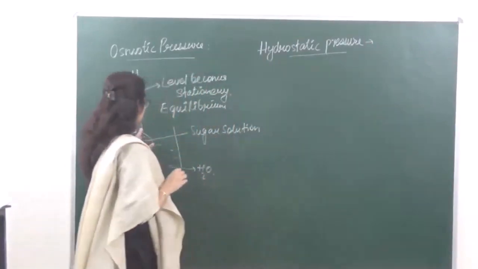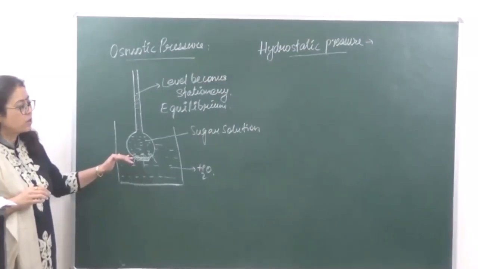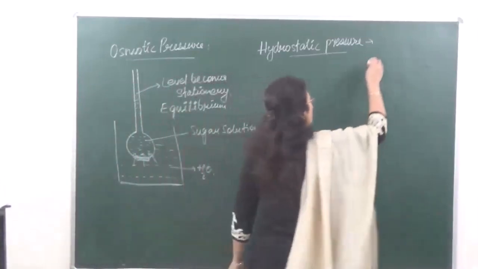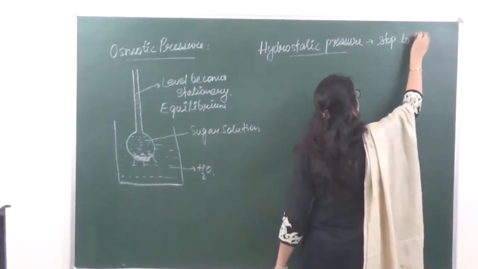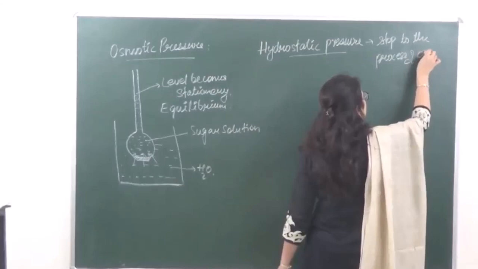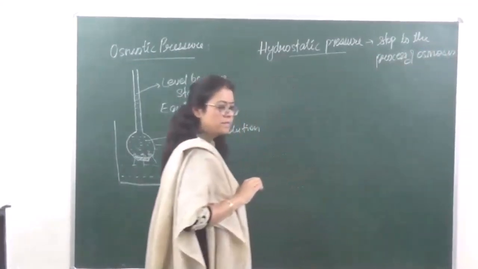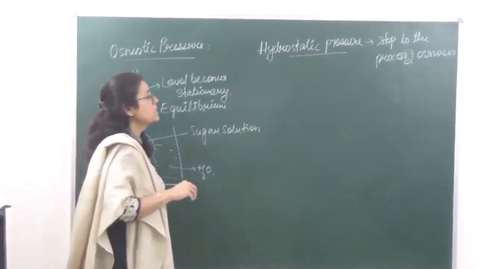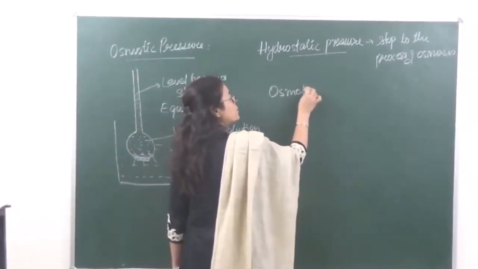Hydrostatic pressure does not allow any more solvent to flow in the thistle funnel. Okay, so we are saying that hydrostatic pressure puts a stop to the process of osmosis. And this hydrostatic pressure which is developed, this is known as osmotic pressure.